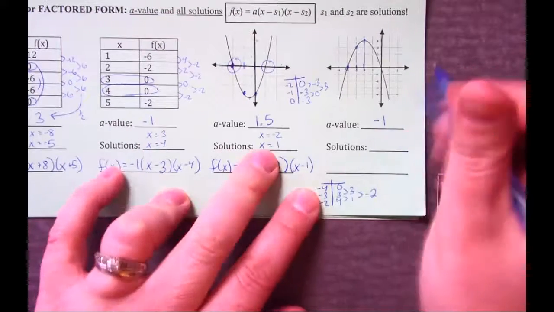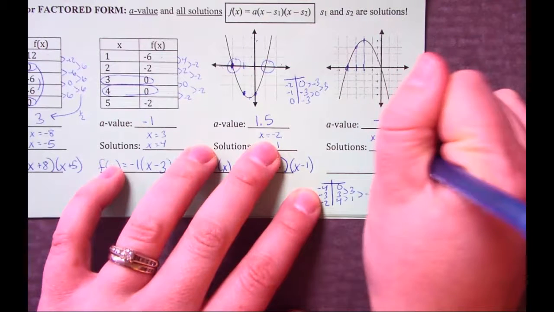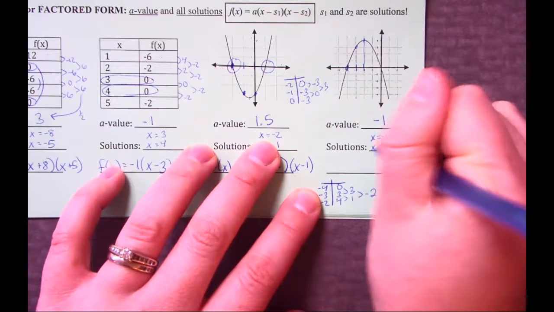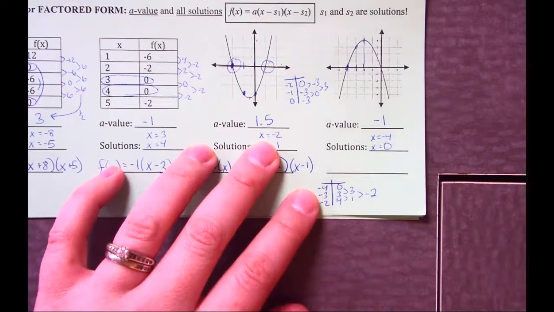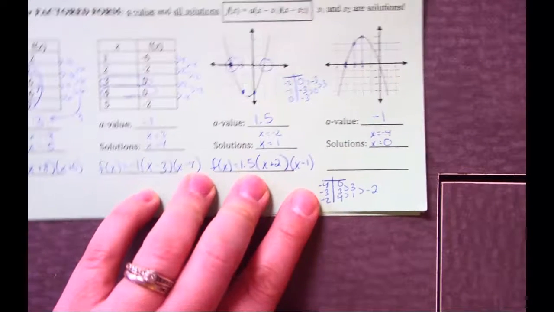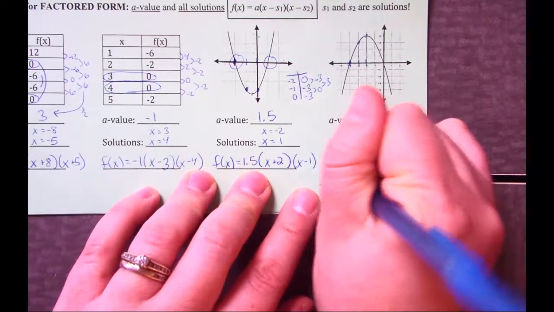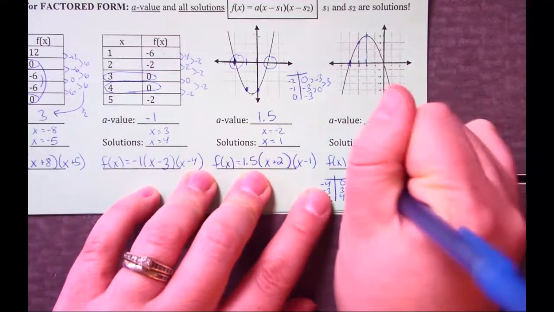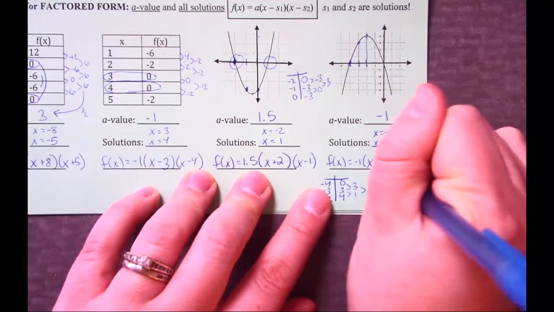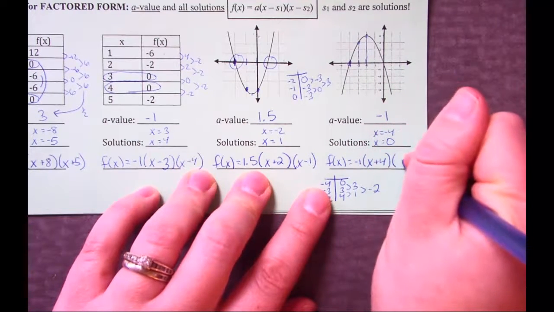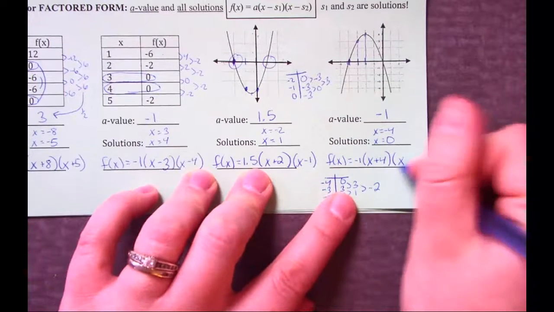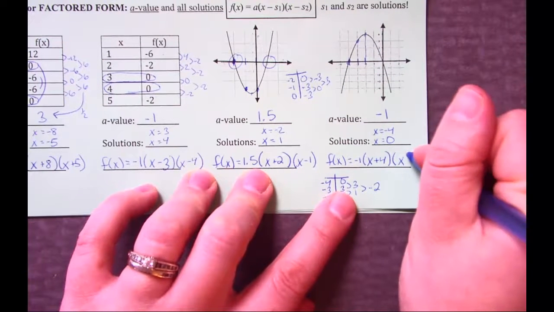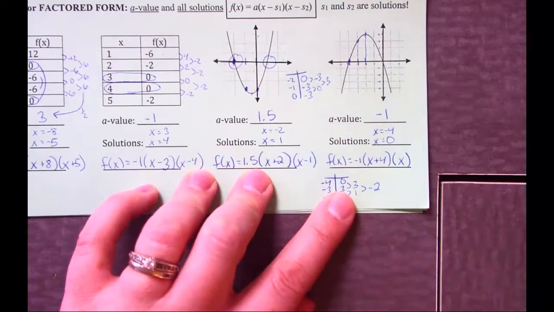My solutions are x equals -4 and x equals 0. So my function is going to be -1, x plus 4, and then 0 you can just say x. Now you don't need to say +0 because that doesn't mean anything to add the +0, so you can just keep it like x.